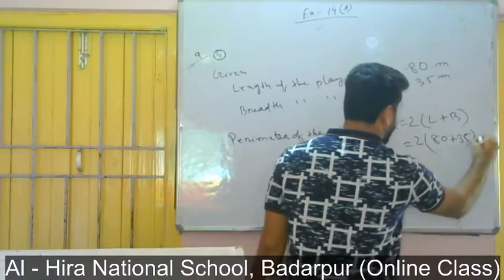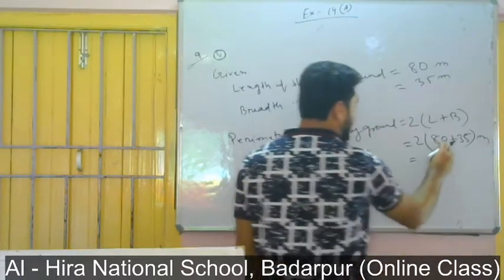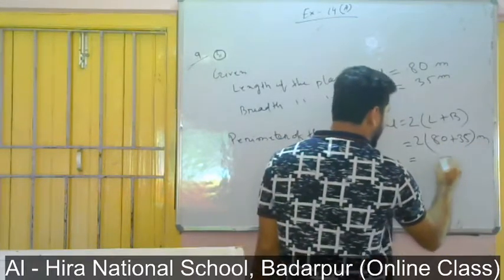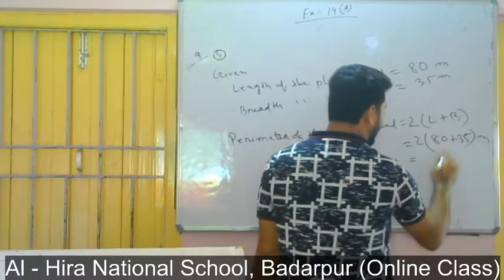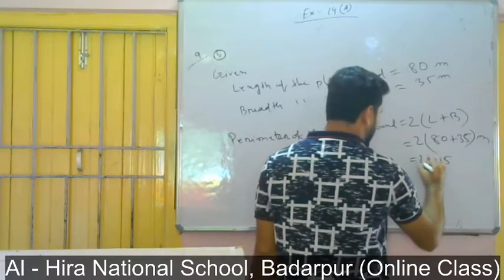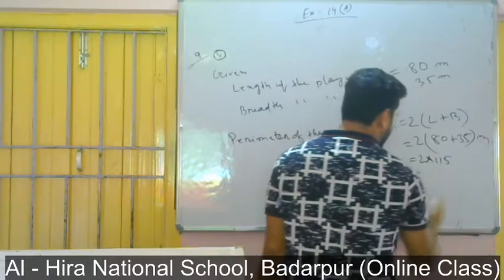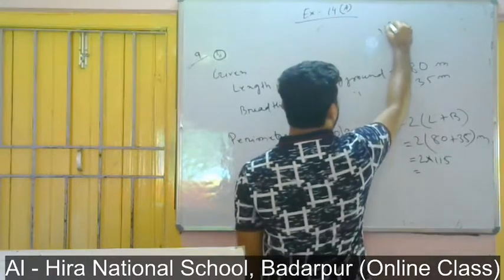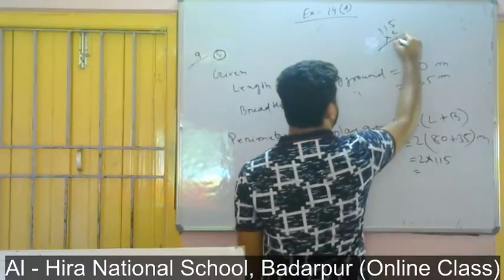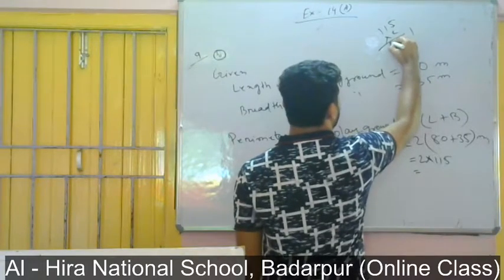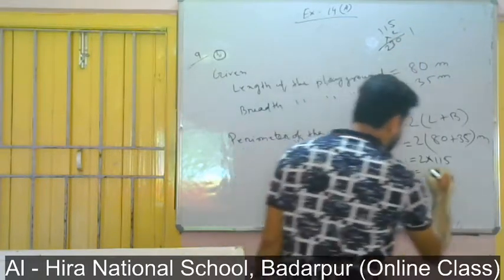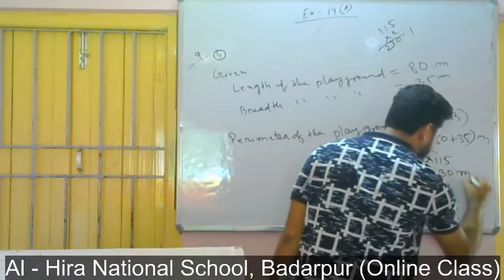Then here 5, and 8 plus 3, 11, so 115 into 2. 5 twos are 10, 2 ones are 2, and 1 carry 3, so 230 meter.